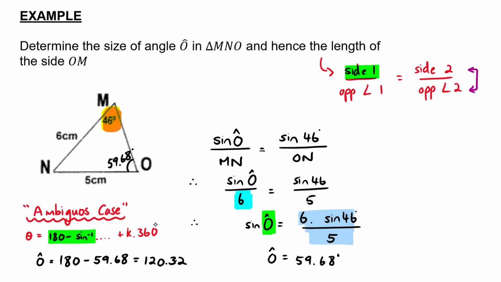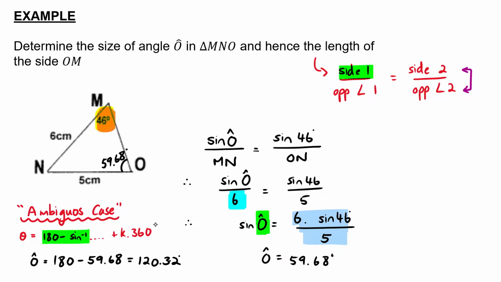And if you go and look at that triangle that we've got over here, both the 120 and that 59 are plausible answers. Because if we checked angles of a triangle, whether this was 59 or 120, we would still be able to fit 3 angles into that triangle.